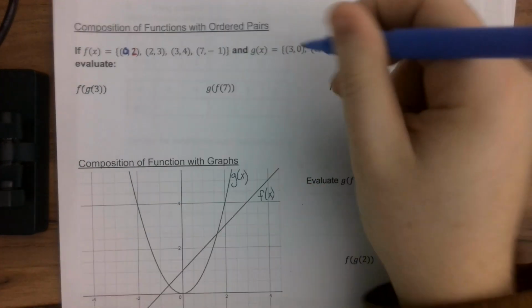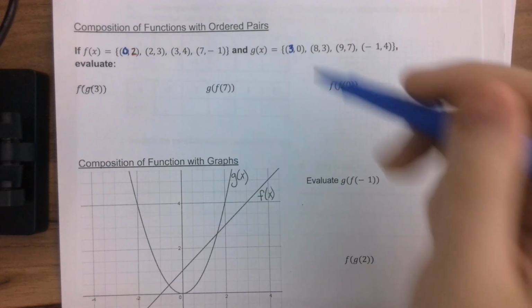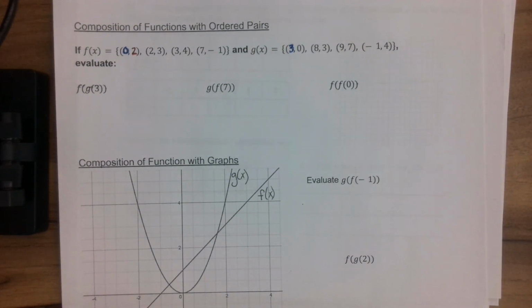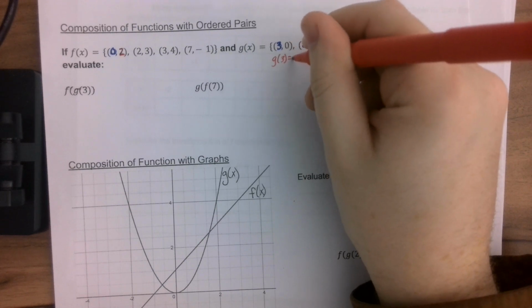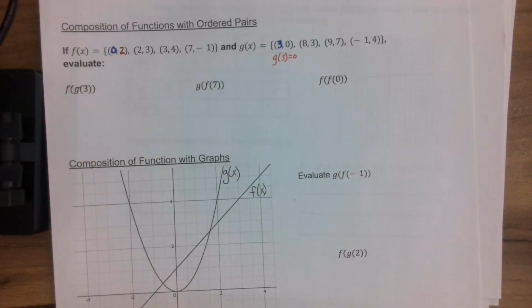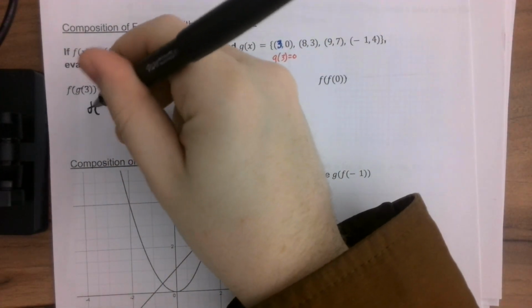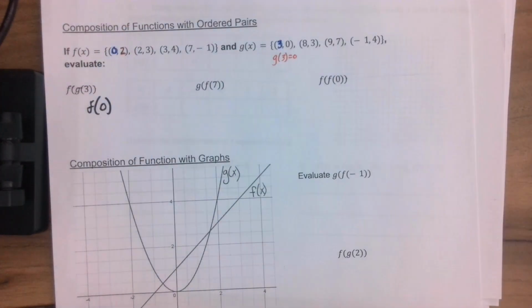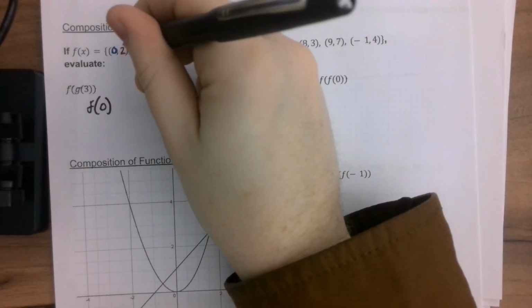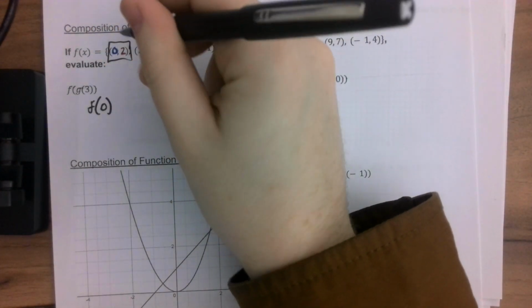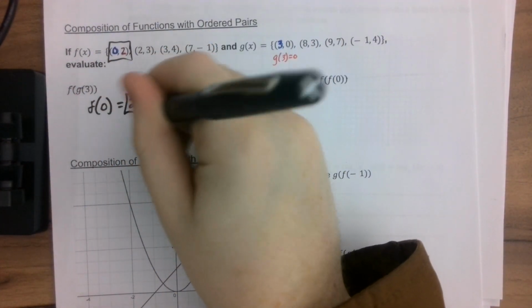Well, when an input is 3, g of 3 equals 0. So since g of 3 equals 0, we know this is just going to be f of 0. What's the value of f when we input 0? Well, according to this point, it's 2. So the answer is 2.